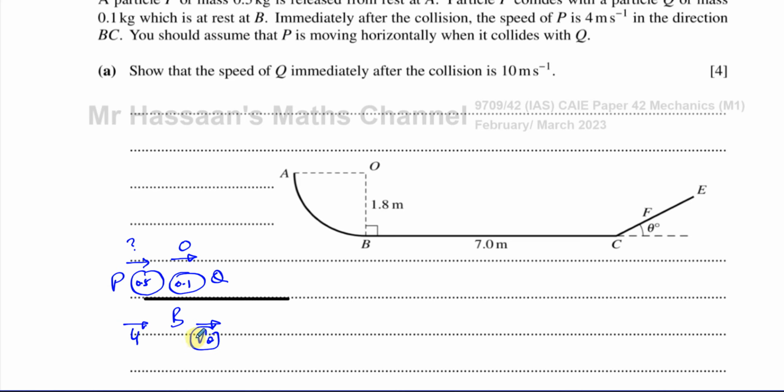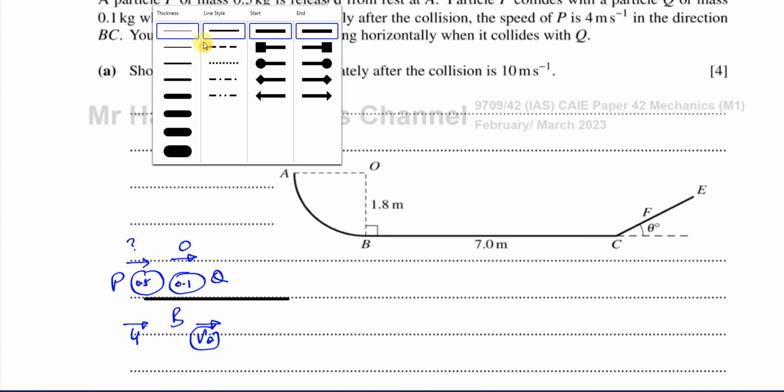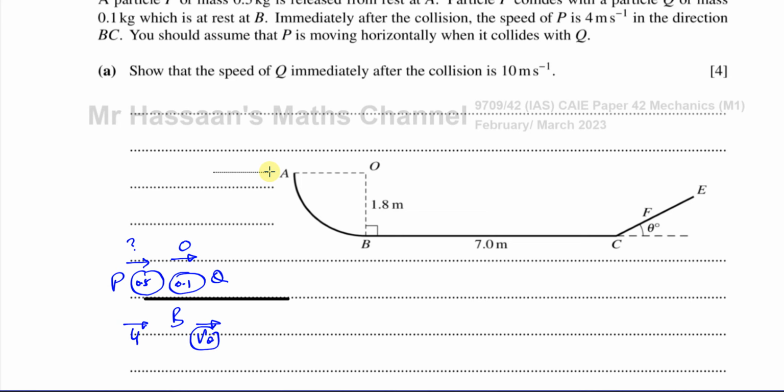All right. So what we need to do is find the speed of P as it hits Q. For us to be able to use the conservation of linear momentum, we need to know the speed of P as it hits Q, and we can use the conservation of mechanical energy. So we have this level and we have this level.